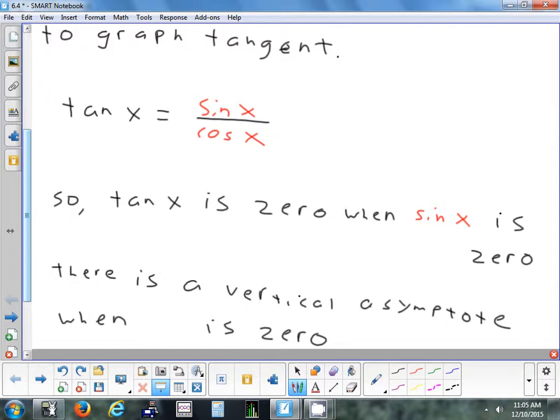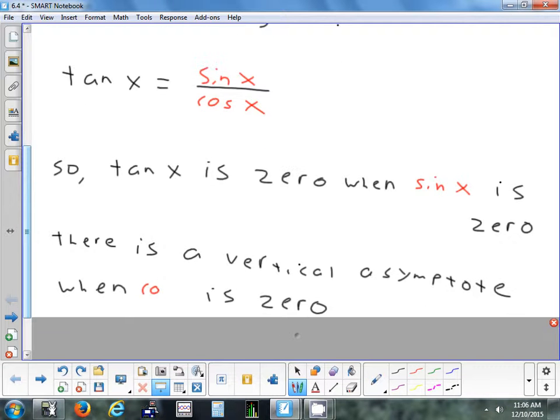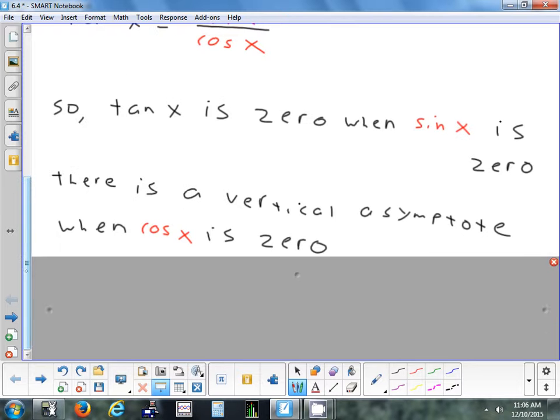And when would we get vertical asymptotes? Yeah, anytime the denominator is 0, because there's no common factor in the top, so we're not going to get a hole. Whenever the denominator is 0, we get a vertical asymptote. So now we've got to visualize the graph of cosine in our head and see where that's 0.